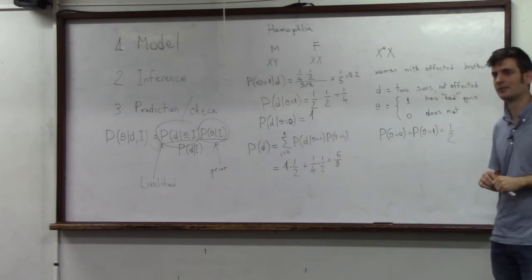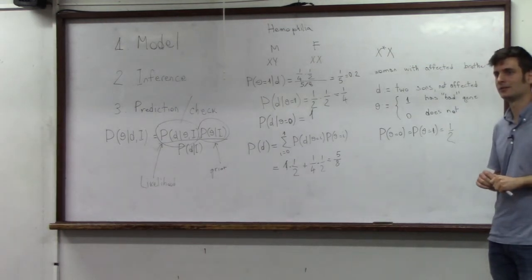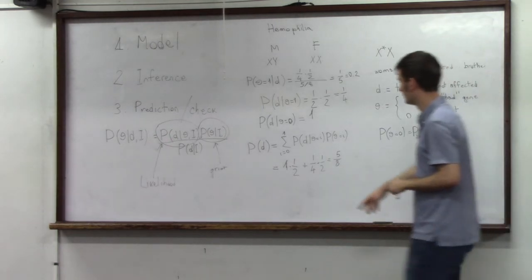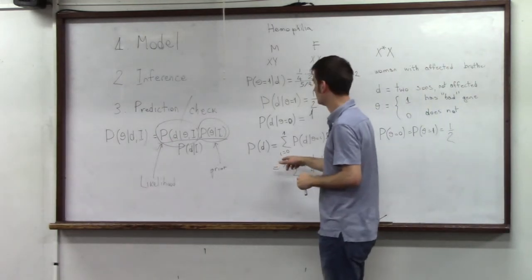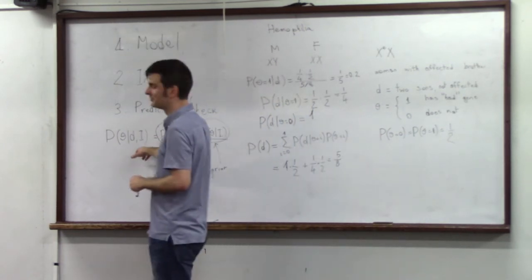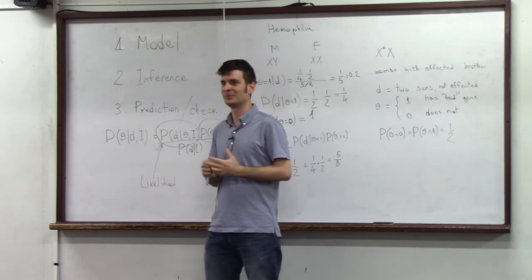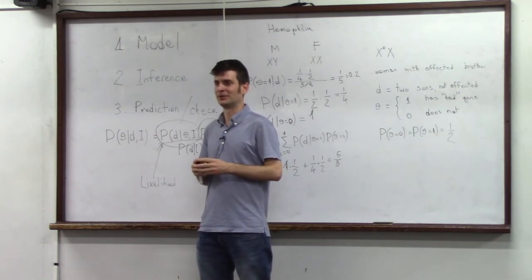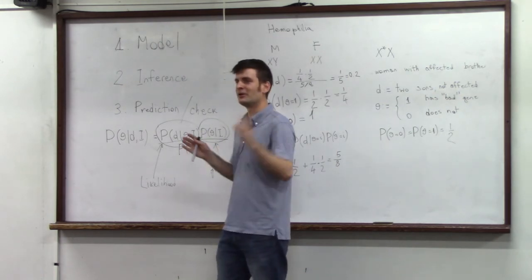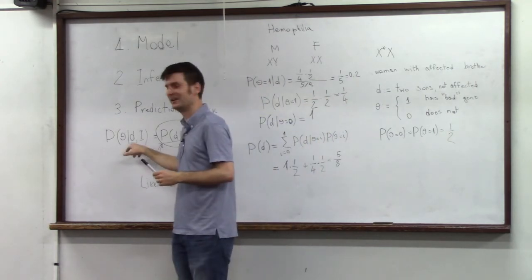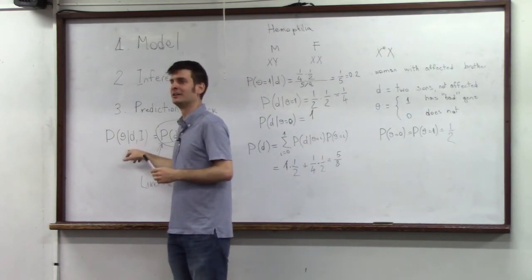Teacher, what does the I mean in this part? The capital I. It stands for initial knowledge of the problem. So everything we know about this before we collect the data.